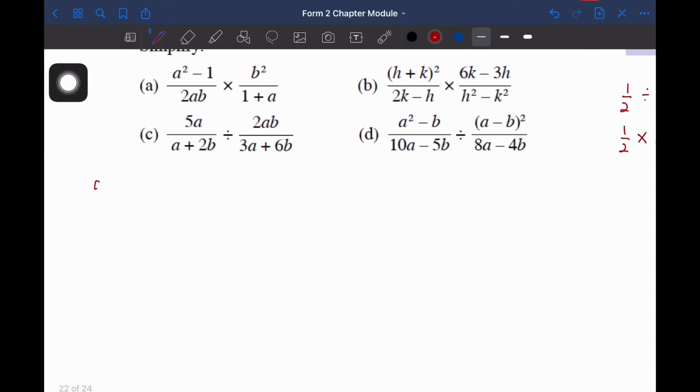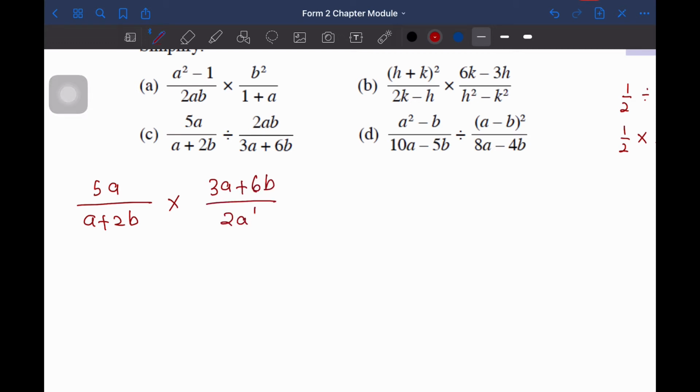So we have 5A over A plus 2B. So bahagi tukar jadi darab, yang belakang ni pusing, tukarkan. So 3A plus 6B over 2AB. Sekarang kiri kanan bawah dengan atas ni mesti boleh potong. Sekarang tengok, we have A plus 2B, 3A plus 6B, boleh kecilkan.